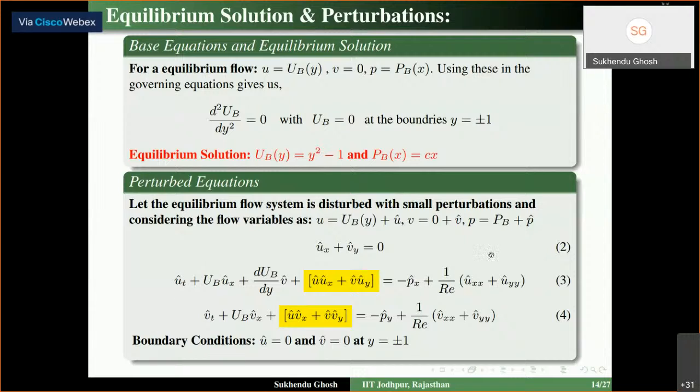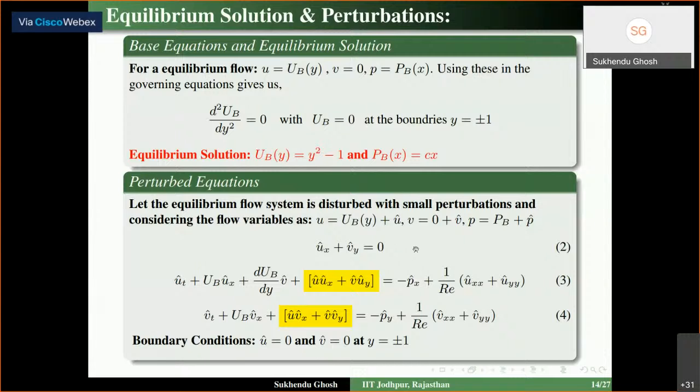Because in equations 2, 3 and 4, only these yellow marked terms are non-linear with respect to our unknown variables u cap, v cap and p cap. Only these terms are non-linear. The remaining terms are linear with respect to the perturbed variables u cap, v cap and p cap.